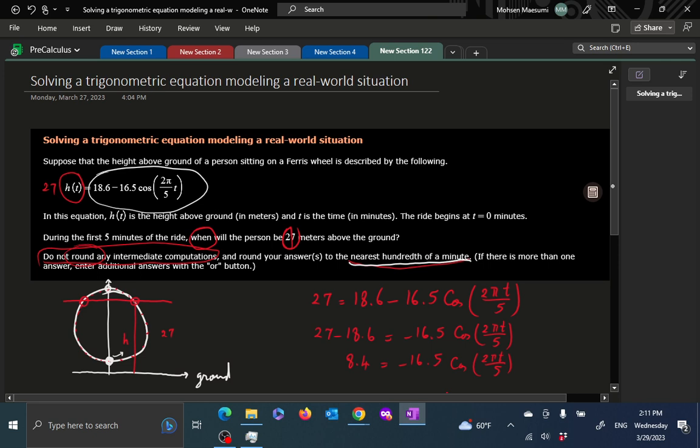Where is the highest point? Where are these midpoints? What's the radius of the circle? What's the diameter of the circle? At what rate do we turn around? How long does it take for us to go around the circle and come back? How fast does the Ferris wheel turn?